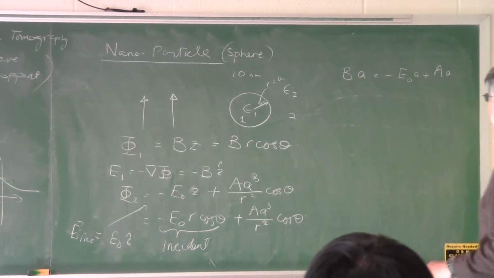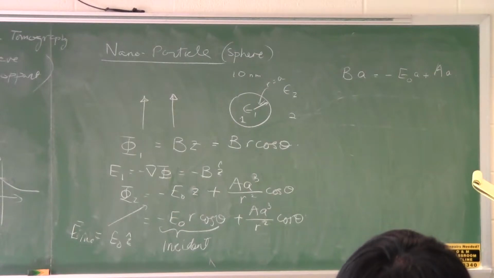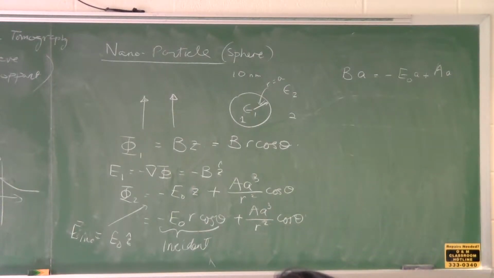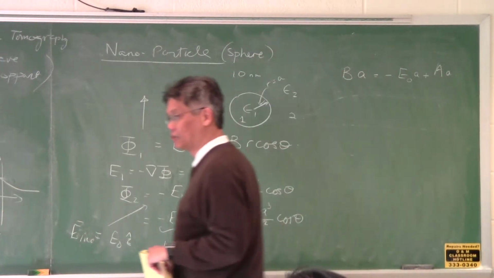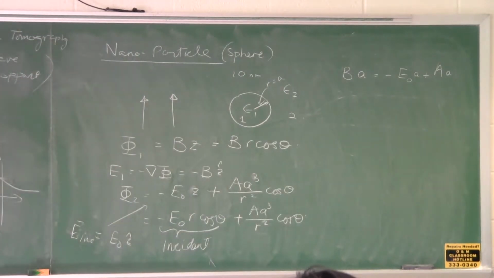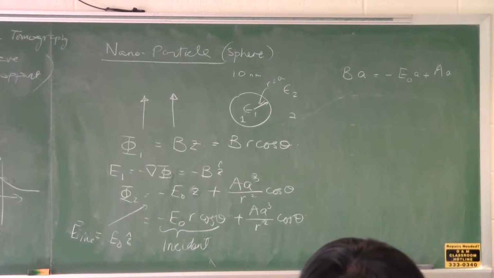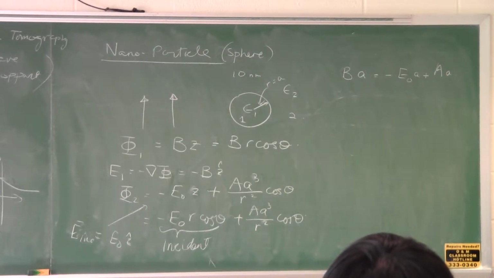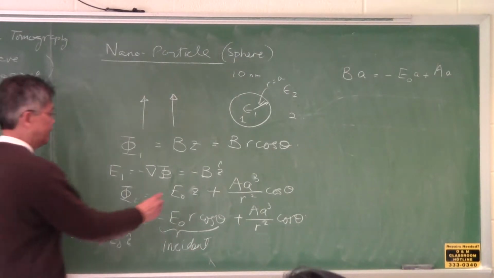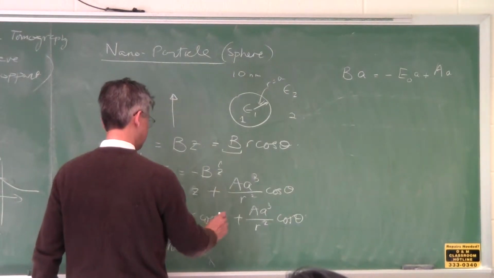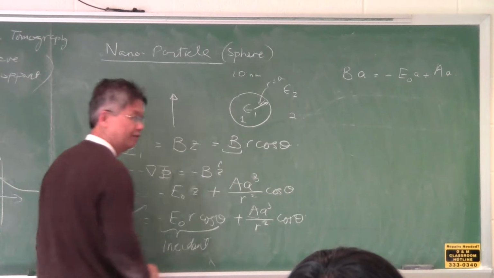So I have this very simple equation to begin with. And what is the next boundary condition that I should impose on the surface of the particle? I have two unknowns, unknown 1, unknown 2. What is the next?